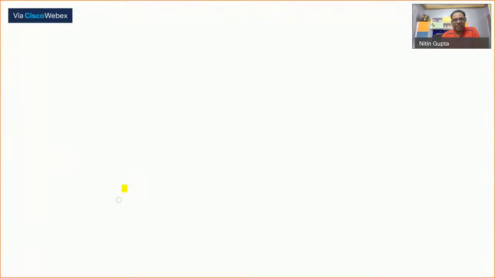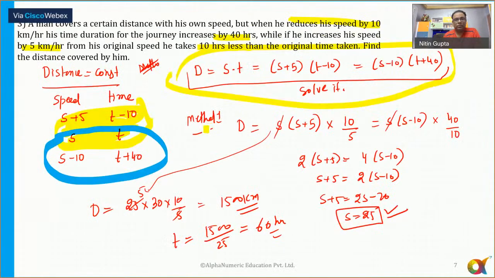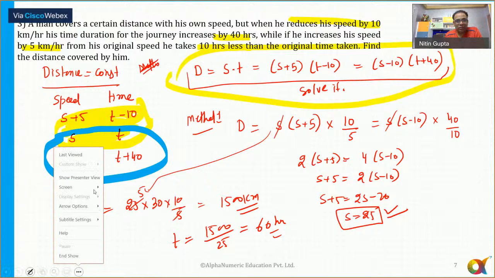Okay, so I've just taken another screen here. All right, so if I try to solve it here, it's going to be time consuming. Why is it going to be time consuming? Now I'll write down what was the value, speed and time.